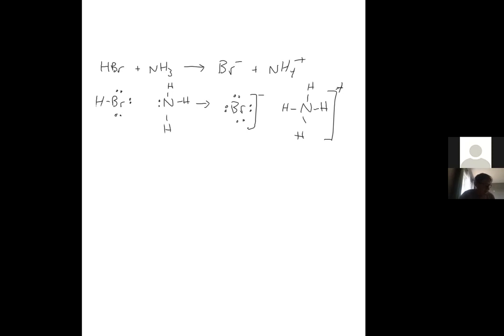Look what happened. There's a new bond here, right? A new bond formation. So that's a dead giveaway that there's some sort of Lewis acid-base chemistry going on.